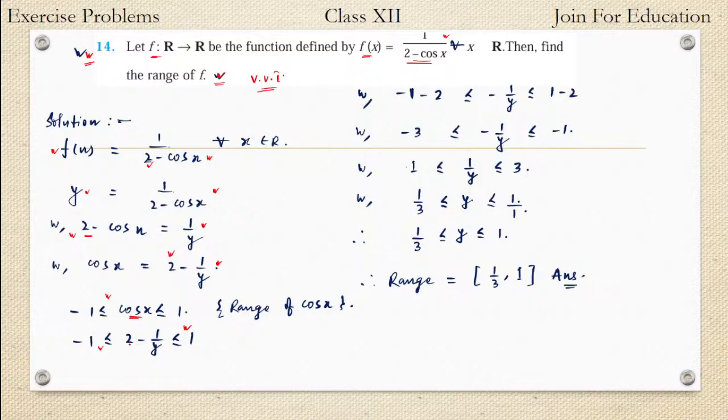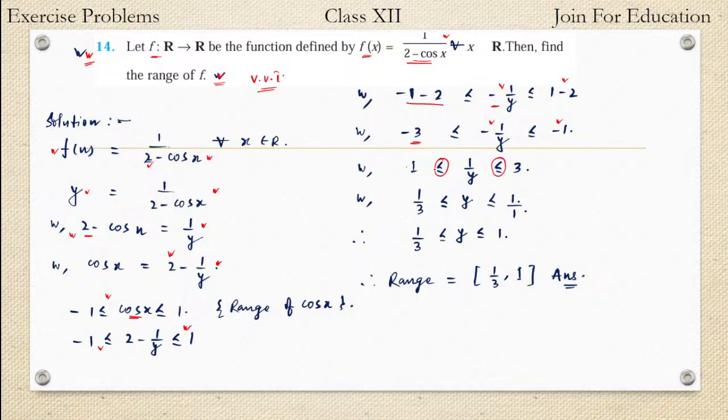Now subtracting 2 from each term, we get minus 1 minus 2, and 2 minus 1 by y minus 2, the 2s cancel out, then we get minus 1 by y, and 1 minus 2. So minus 3 is less than or equal to minus 1 by y, less than or equal to minus 1. Therefore we reverse the sign and the inequality.